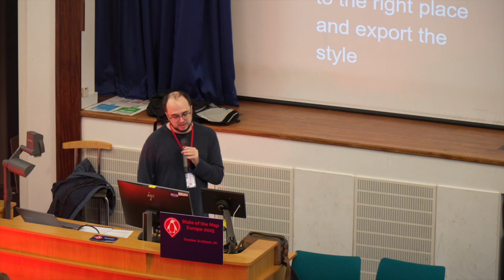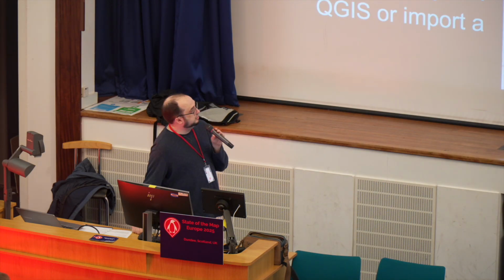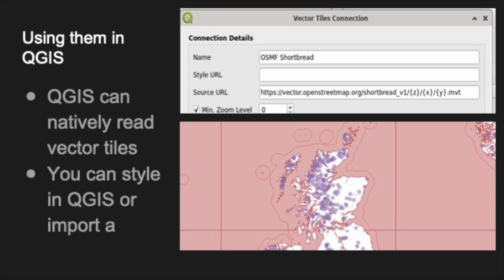But it's not just MapLibre that can use the tiles. QGIS can. QGIS is popular open source GIS software. It has native support for vector tiles. You can have it use the tiles like this, which I do regularly for debugging.